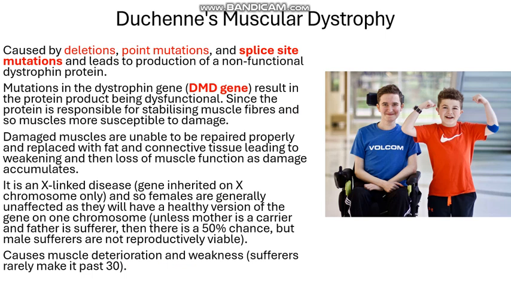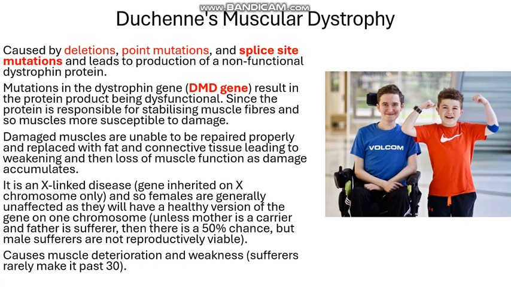It doesn't really matter. You just need to know that a mutation in the dystrophin gene is going to result in a non-functional dystrophin protein being produced. So mutations in the dystrophin gene, which you can just write DMD gene in an essay, but make sure to clarify that that's what you're talking about before you start using it in shorthand, results in the protein being dysfunctional.